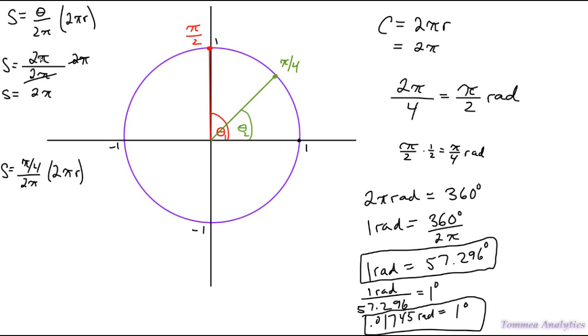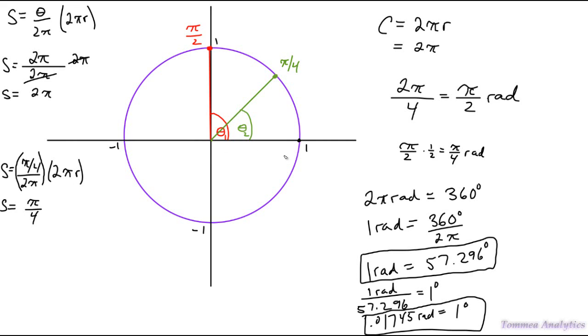Now instead of using 2 pi radians for theta in the numerator, let's consider using pi over 4. If we do all the algebra and cancellations on this equation with pi over 4 as the numerator and an r of 1, we get S is equal to pi over 4. So what I'm trying to show is that we have two factors in this equation. This is one factor and 2 pi r is the second factor.